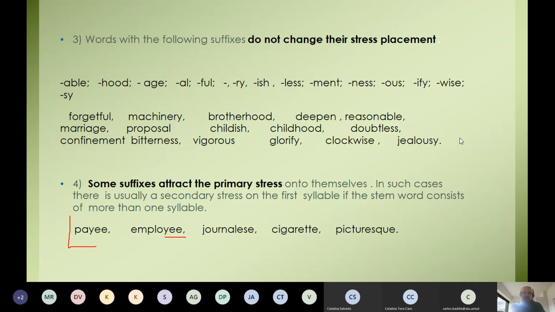For example, the suffix shun, like in perfection, you can find it in many other words, intonation, pronunciation. So you find the pattern and you basically identify which syllable should be stressed. Stress is not a minor element in terms of comprehension and communication.